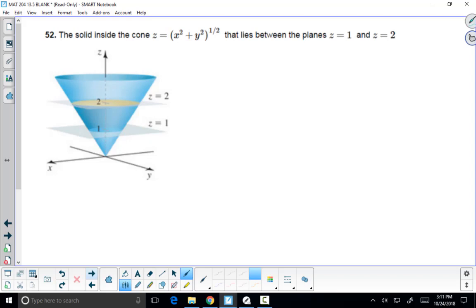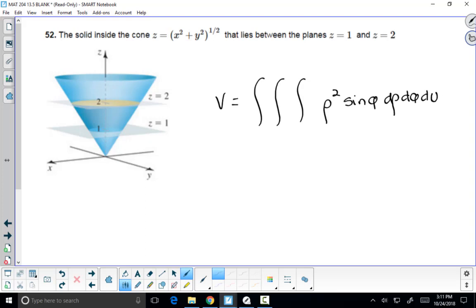All right, so the solid inside the cone that lies between those planes. Okay, we're going to use spherical. We're finding the volume, a triple integral: rho squared sine phi d rho d phi d theta. So the inner surface and the outer surface are both planes.